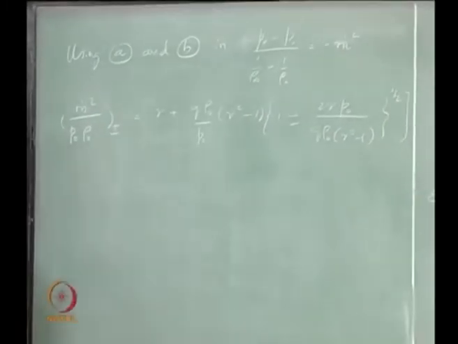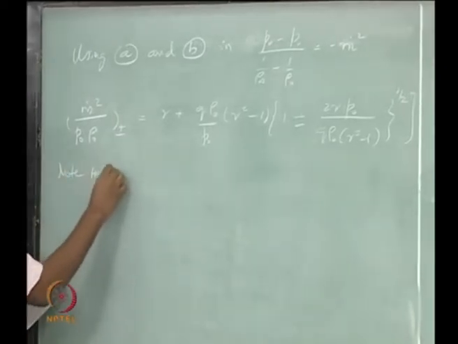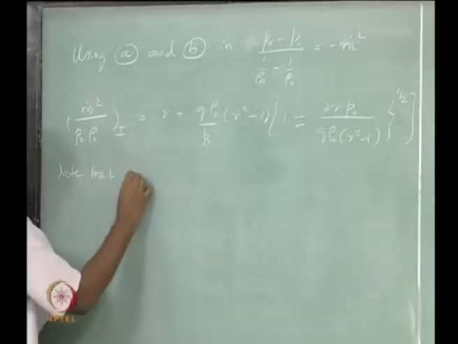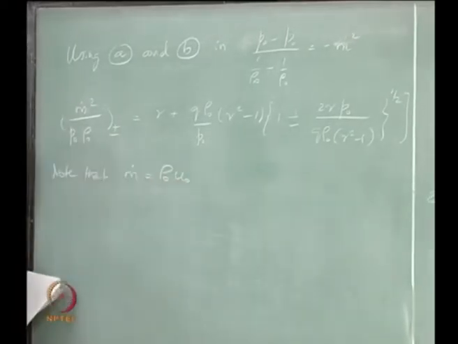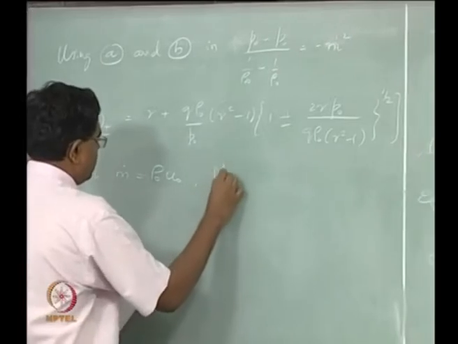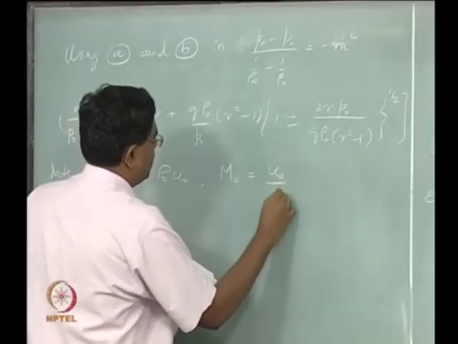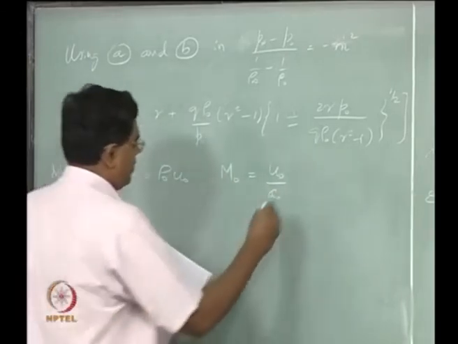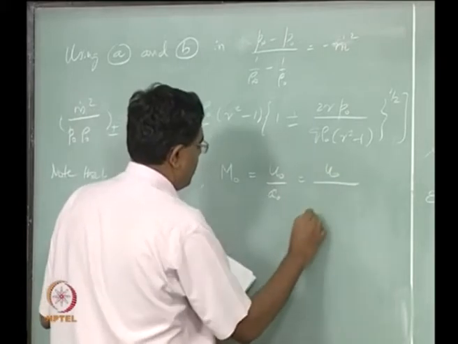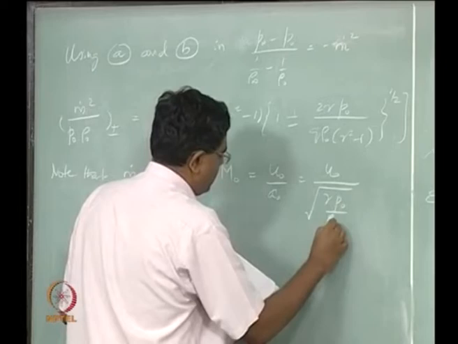Okay, note that m dot equals rho naught u naught, and the Mach number M naught is going to be written as u naught divided by a naught, which is nothing but u naught divided by square root of gamma P naught divided by rho naught.